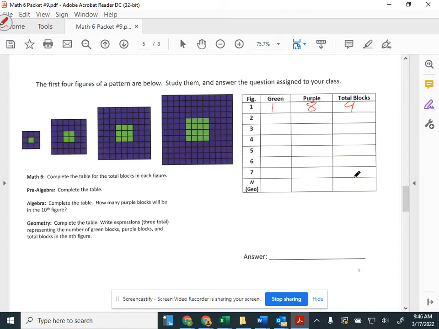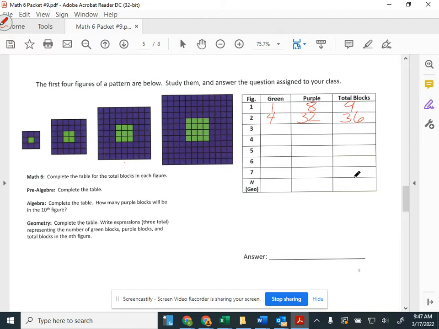Let's look at figure 2. How many green squares are there, Mia? 4. How many purple squares are there, Aiden? 32. So how many total squares are there, Tristan? 36.